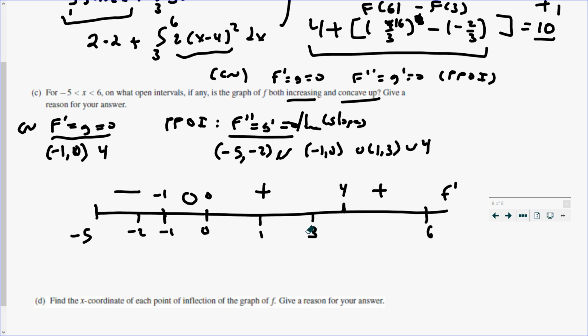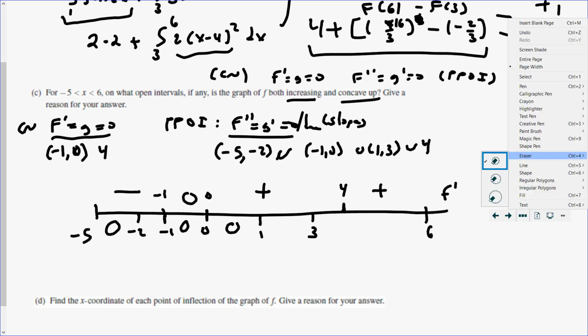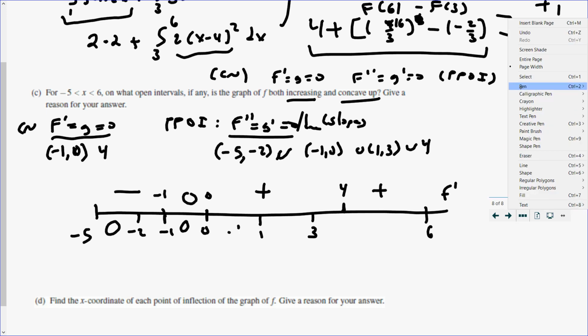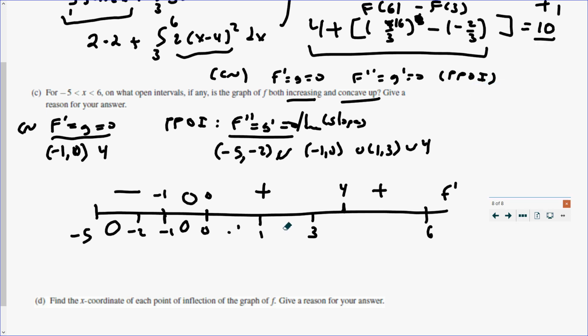These are all where they are all 0. Oops, sorry, -1 to 0. There we go. Missed one. All right, this was not 0 there. And 0 from 1 to 3.